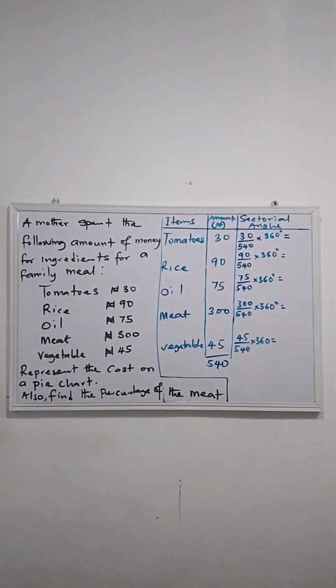So once you have your answer, you drop in the comment section what you have for the tomato. I would rather suggest that you do everything together: tomato, rice, oil, meat, vegetable, in that order.